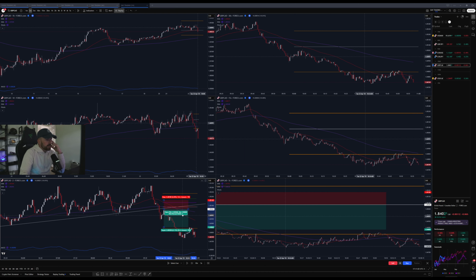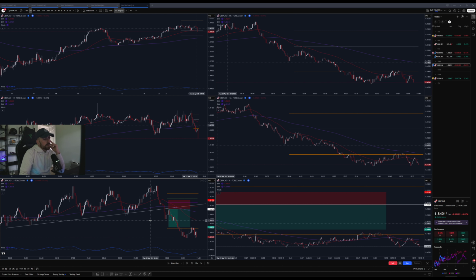And then just drop my entry point by like a pip or two and then use that position sizing as long as it can still be hit before my target, like before any kind of resistance. So, and that would have worked in this example, and it would have worked in those other examples that we've seen as well.